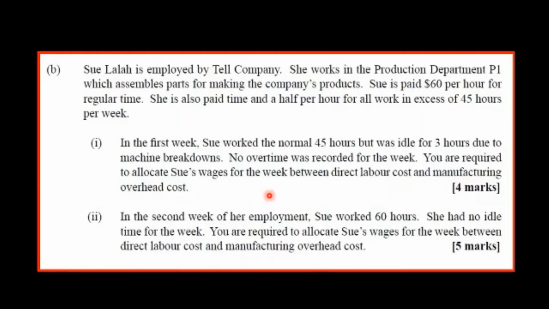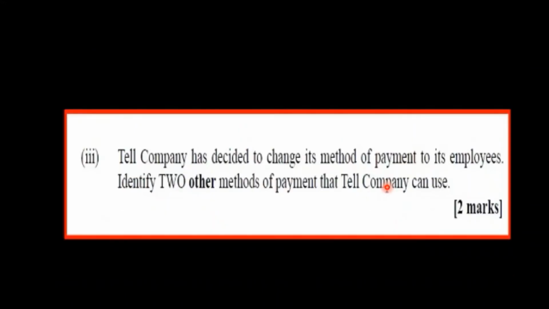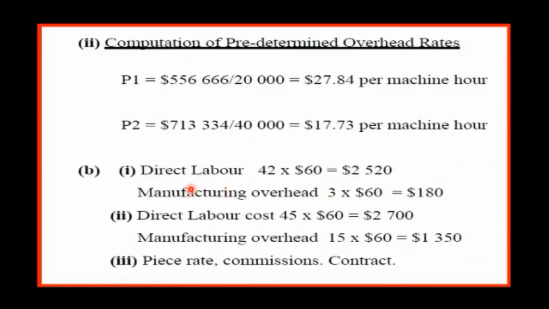All right, so working on the first part, the idle time. This is something you have to know in order to work with this. The idle time would be manufacturing overhead or indirect labor costs, and the normal hours that you work would be direct labor costs. So it's going to be 42 and 3.